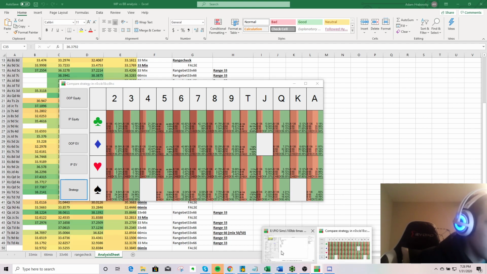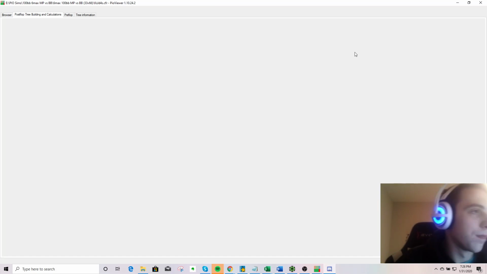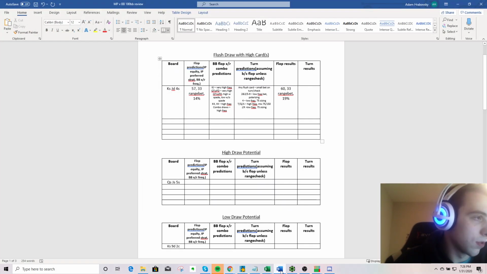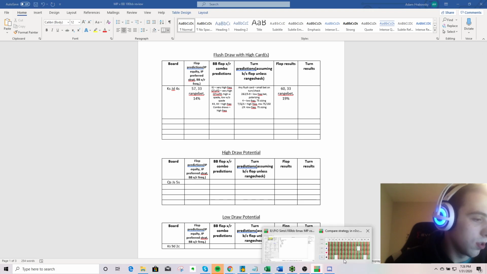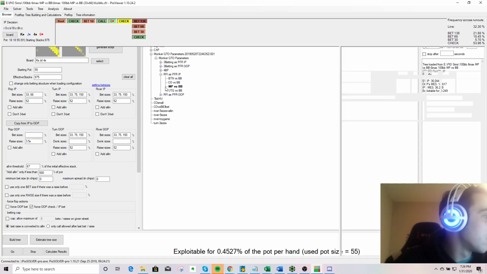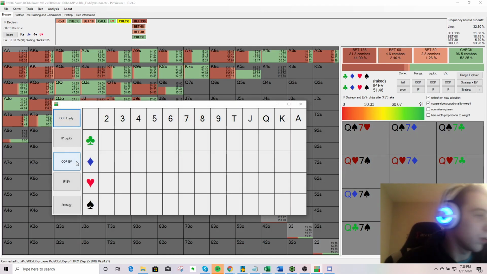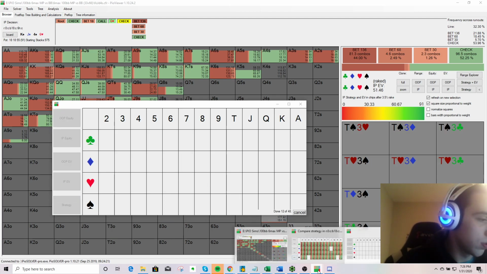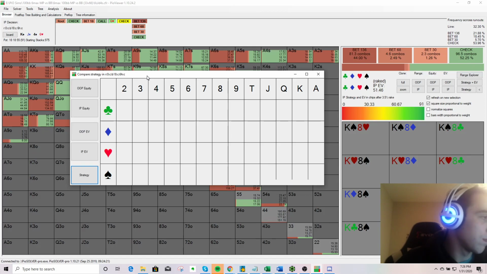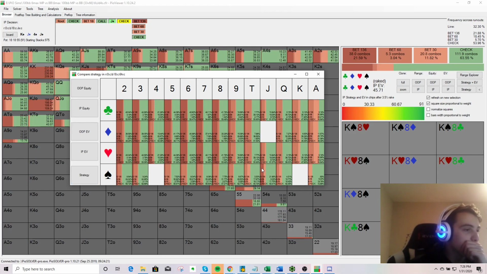Let's actually take a look at this. What am I trying to do here? Here we go. So, Control H, strategy. Okay. Jack of Spades.